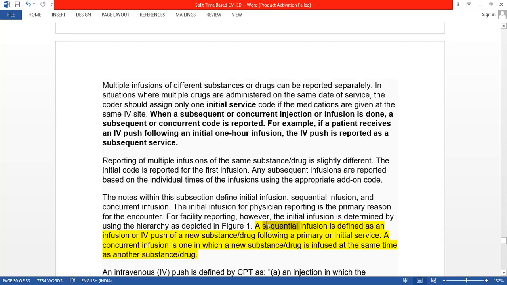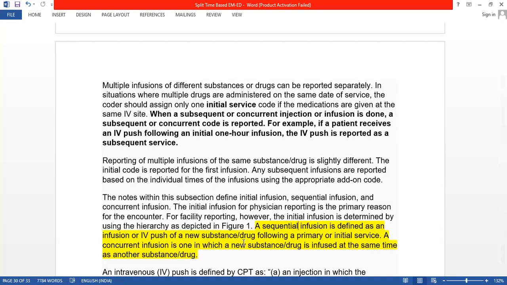So what is a sequential infusion? A sequential infusion is defined as an infusion or IV push of a new substance. So whenever you see sequential, what does sequential mean? One after the other, right? It means one drug is completed, and after finishing that drug, another drug is infused through the same IV line. That is sequential, in a sequence, right? The name itself is clear.